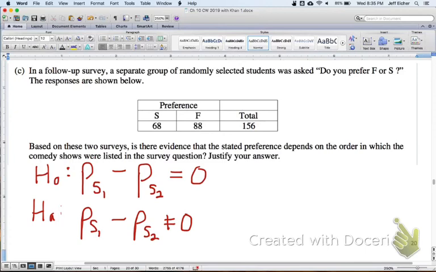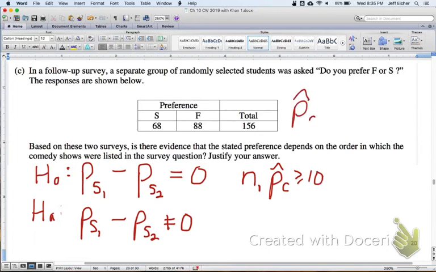So, to review this material, some things to be careful about. When you check the normal condition, the roughly normal condition, you'll have to do n of the first group, which is 324, times p hat c. Is that greater than or equal to 10?